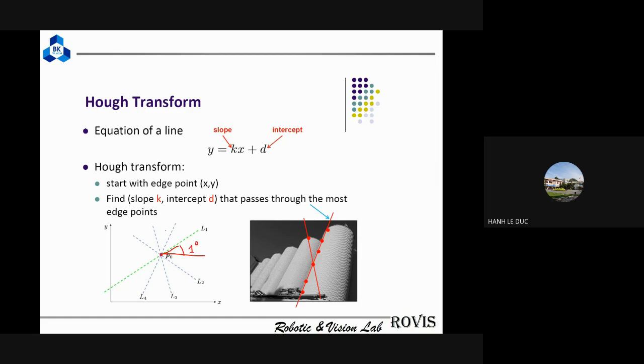That means I will have 360 lines going through this point. For example, I have another point P1 here, and I do the same.